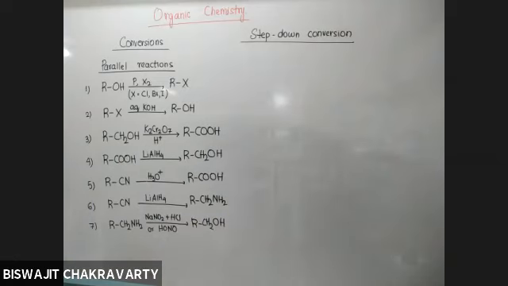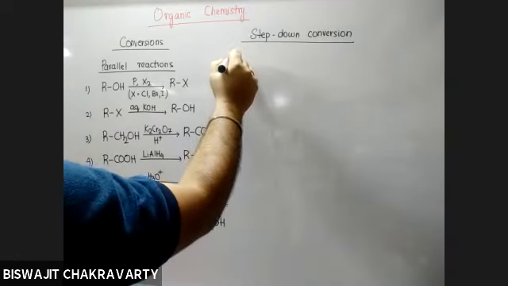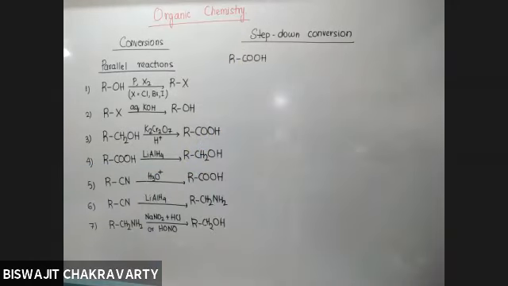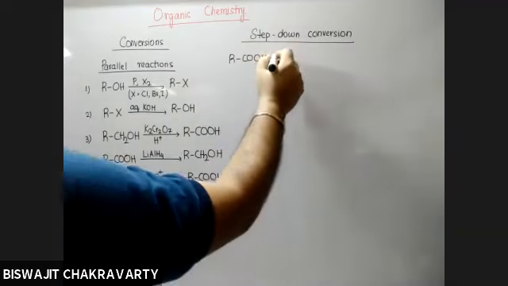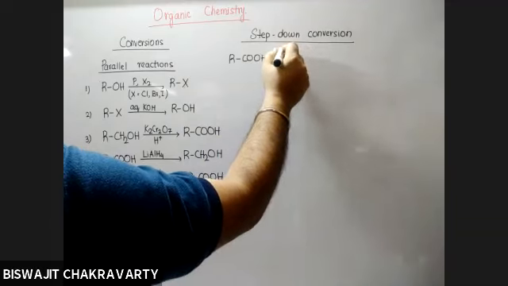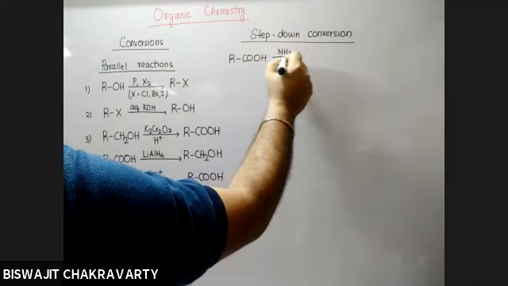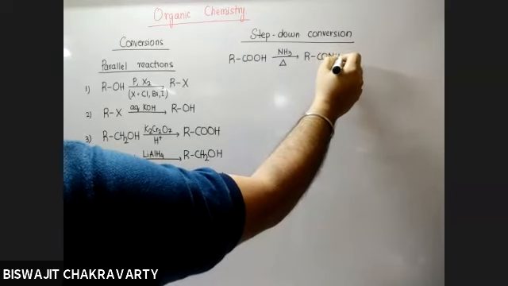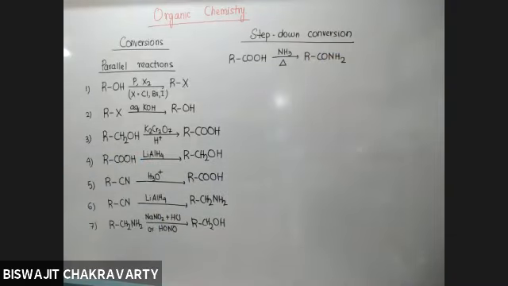Step down can be done from carboxylic acids. You all are familiar with the fact that carboxylic acids are RCOOH. When you treat this with ammonia and heat, it is converted to acid amide, not amine.